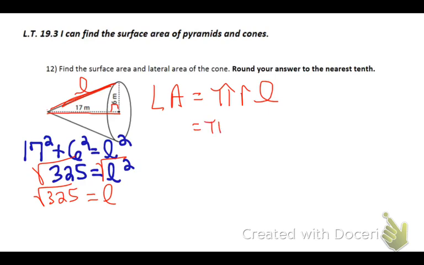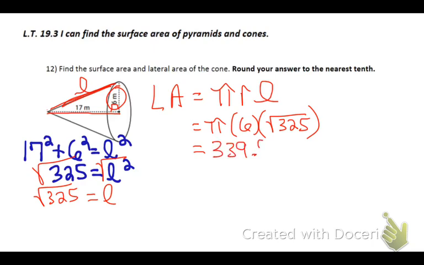So let's do pi times the radius, which it looks like it's 6 right here. And then I'm just going to put square root of 325 in there, just to be more accurate. So it's going to be pi times 6 times square root of 325. Okay, I got 339.8, and that's square millimeters.